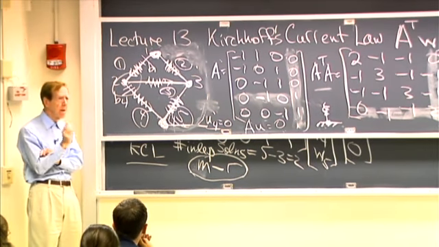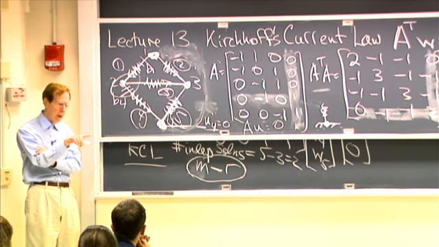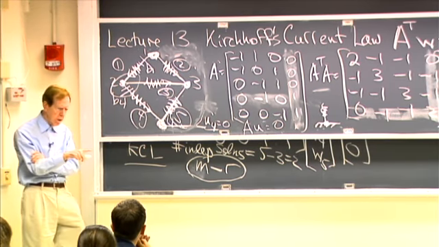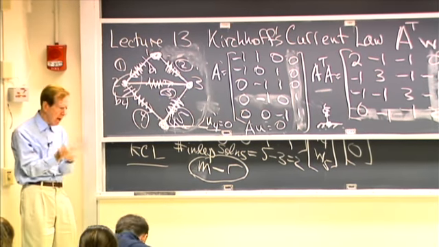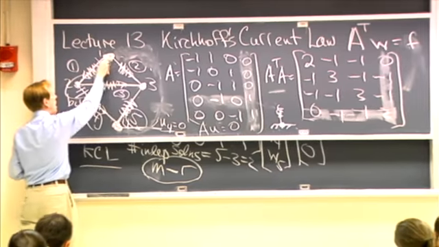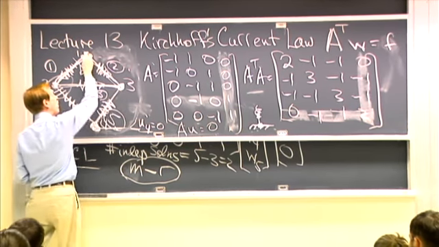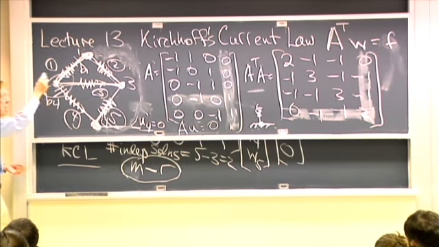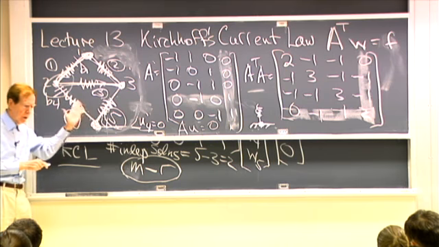Well, here's the idea. Send that current around a loop. Loop currents are solutions to Kirchhoff's balance law. If I send an amp on that edge, and backward on that edge, it's around a loop at every node. It's totally okay.